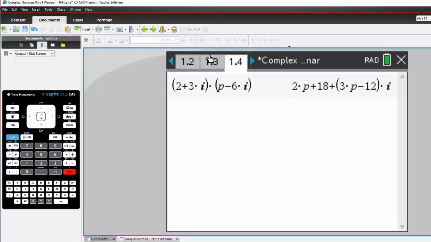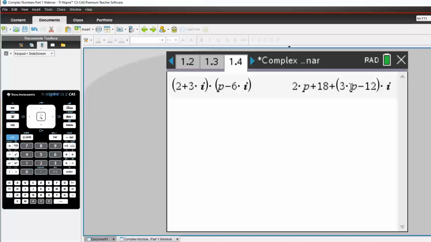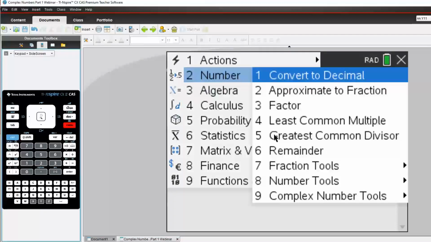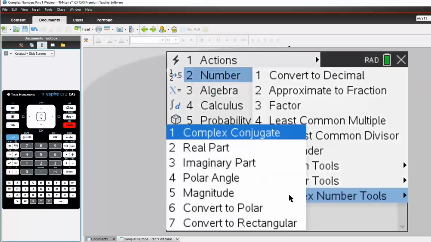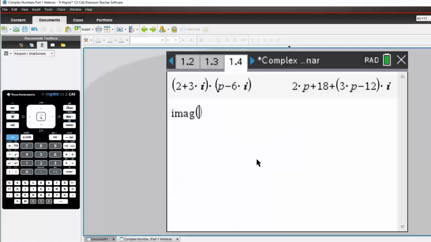Now, our question was asking, find the value of p such that this product is a real number. What does that mean? That means that the imaginary part of this number needs to be equal to 0. So if we go to menu and number, and we go to complex number tool, we have the imaginary part there.